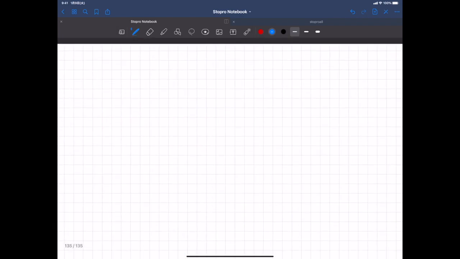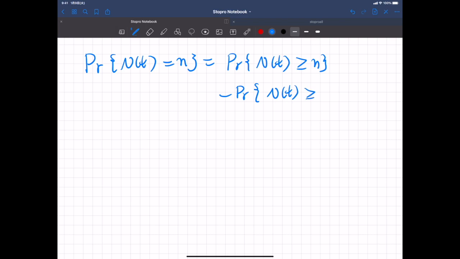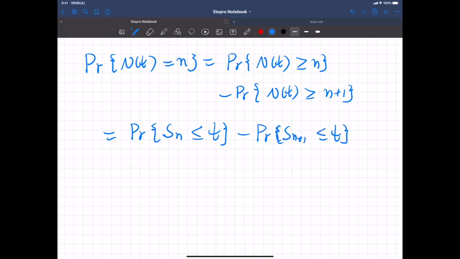So the probability that N of t is exactly equal to n is given by this probability minus the probability that N of t is greater than or equal to n plus 1, which is equal to this probability, Sn is less than or equal to t, minus the probability that Sn plus 1 is less than or equal to t.